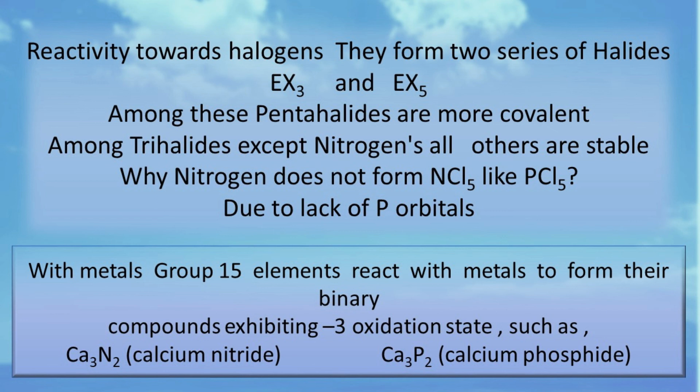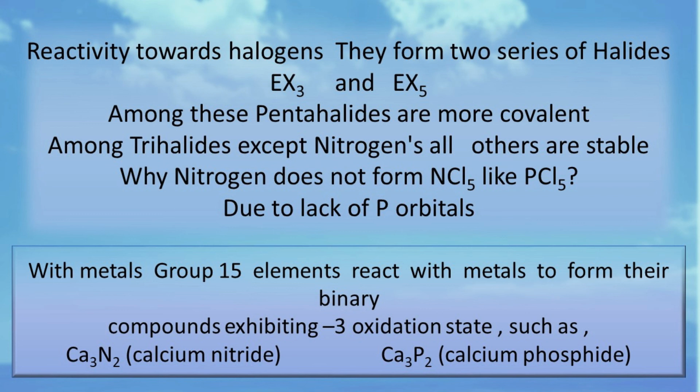It is due to the lack of d orbitals. Because hybridization in PCl5 is sp3d. Since nitrogen does not have d orbitals, it is not capable of forming NCl5.